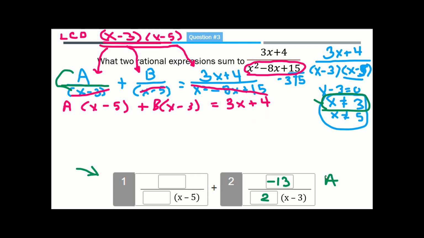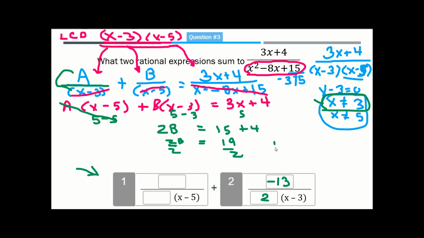If we do that, we're going to find the solution for B. All right, so this time 5 minus 5 is 0, so this is going to cancel out. 5 minus 3 is positive 2 times B is equal to, put a 5 here, 3 times 5 is 15, plus 4 is 19. Divide both sides by 2, and B is equal to 19 halves.